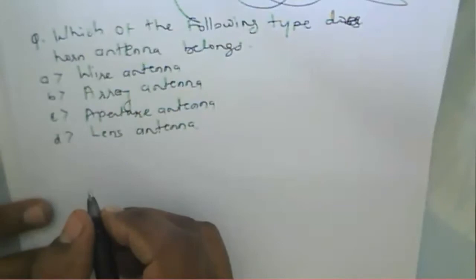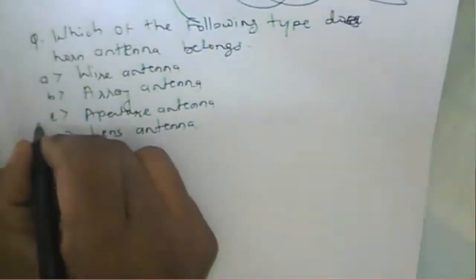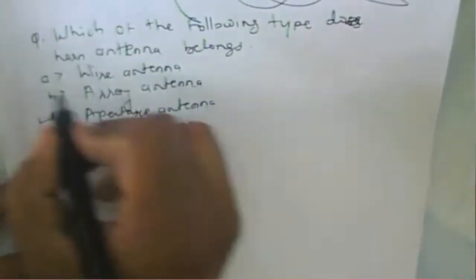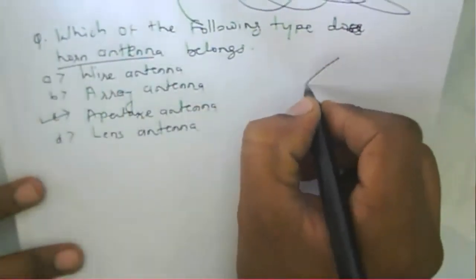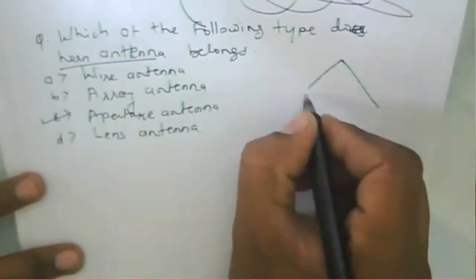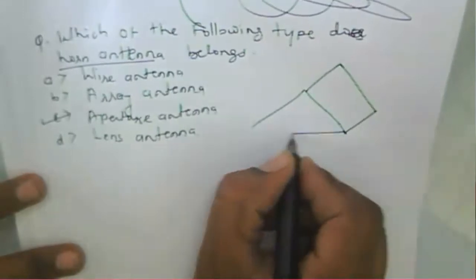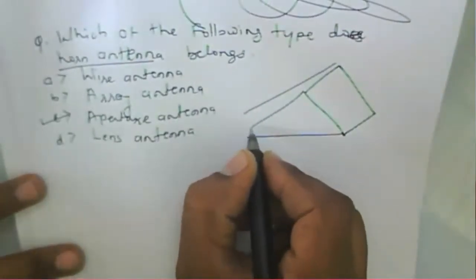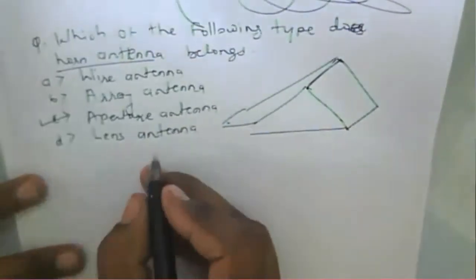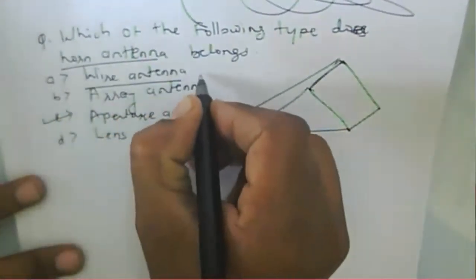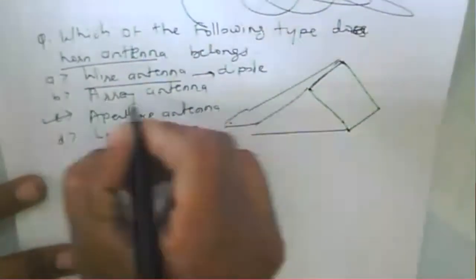Okay, someone says it is C. Yes, it is correct. A horn antenna belongs to the aperture type because it has an aperture there. A wire antenna means a dipole.